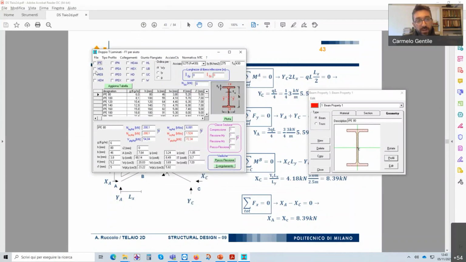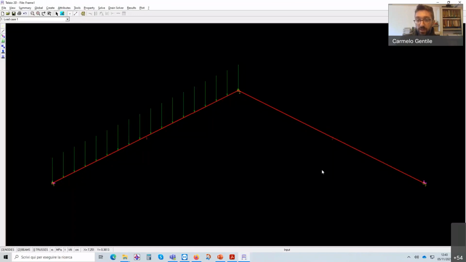So we unselect IPE, we select HEA, cross sections, we update the table, and we select HE 200A. We see that we have clicked on this profile, and it appears also in the original window. So we can close this, we can close this. We are basically done, and we can run the analysis.